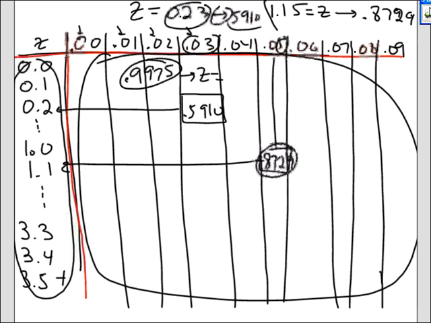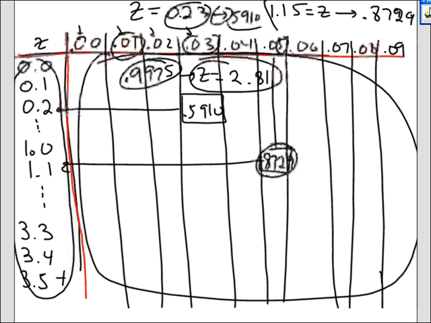It's where z is, the number to the left is 2.8. The number right above on the top scale is 01. So it's 2.81. 0.9975 corresponds to a z-score of 2.81. We can go back and forth. Z-scores give you numbers, numbers give you z-scores.